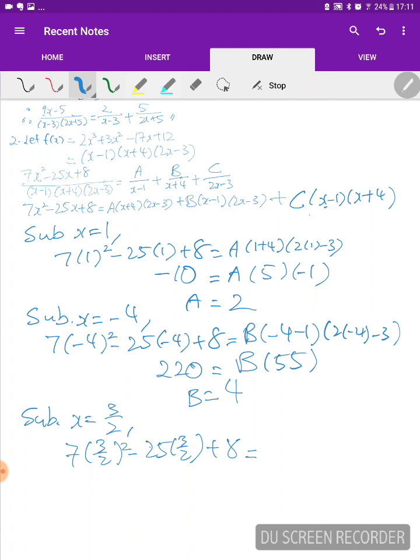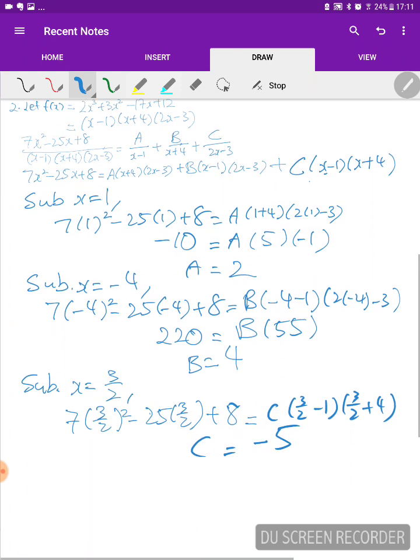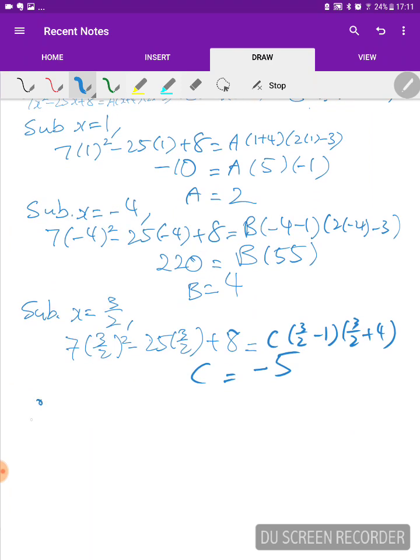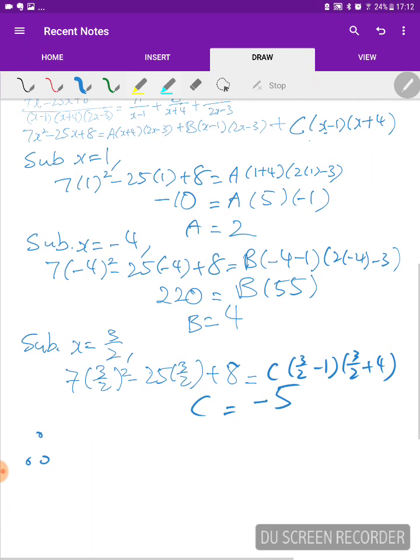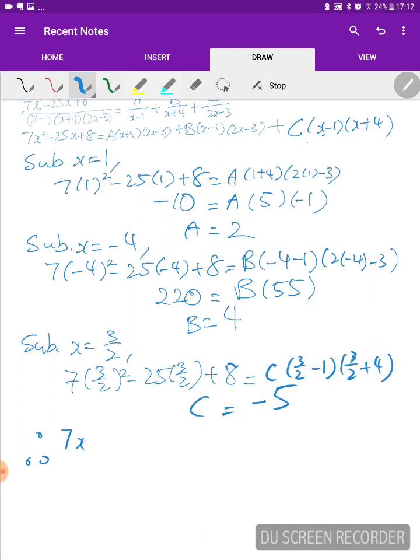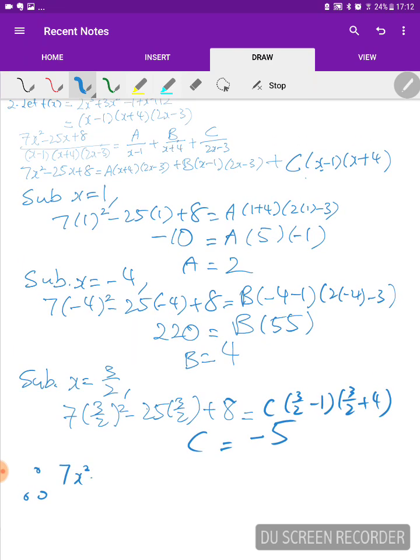So if I substitute 3 over 2, my A will be gone, my B is also gone, so I'm only left with C. So simplify, evaluate, my C will be negative 5.